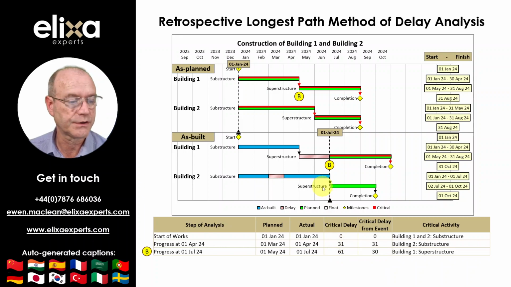I've also highlighted the critical path in the as-built section of the programme to show the critical path running through Building 2 before switching to Building 1 to illustrate where and when the critical delays occurred.